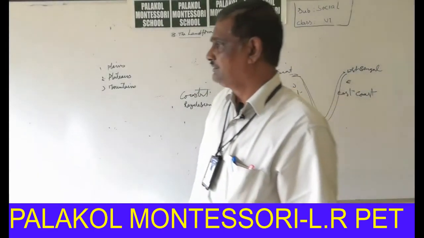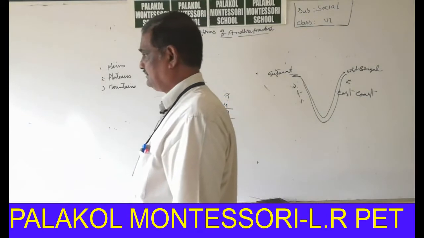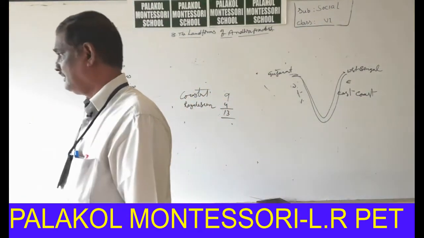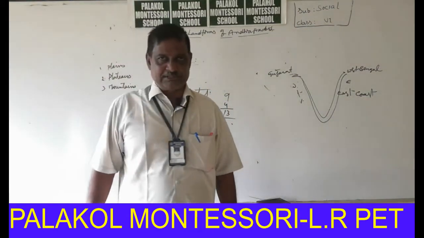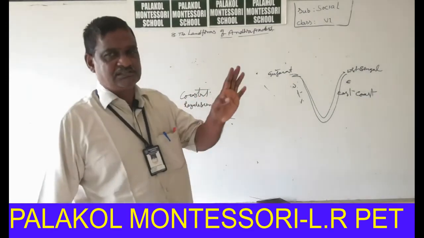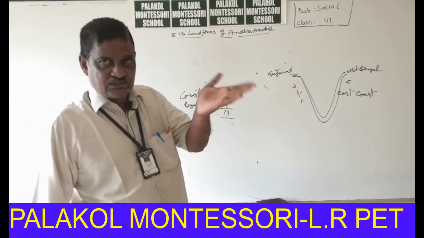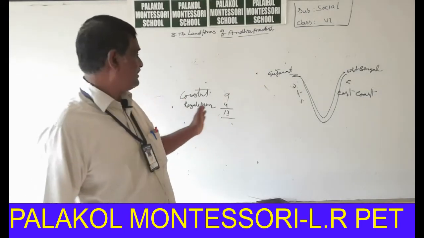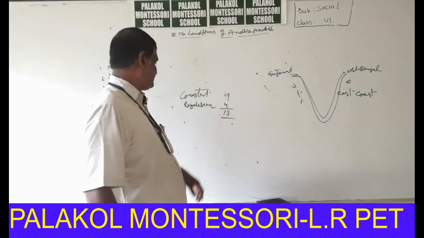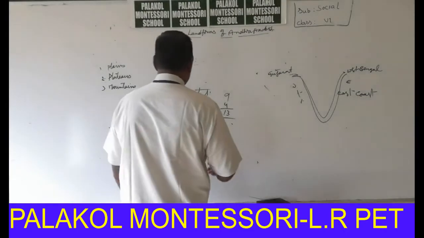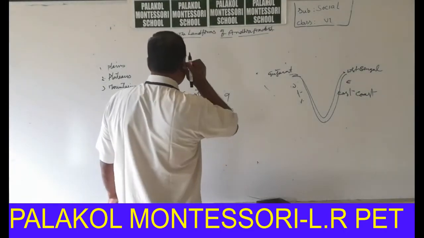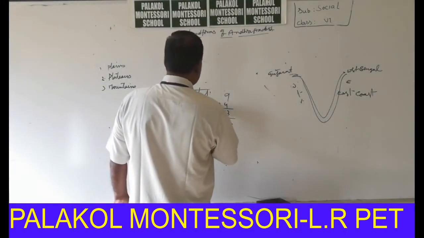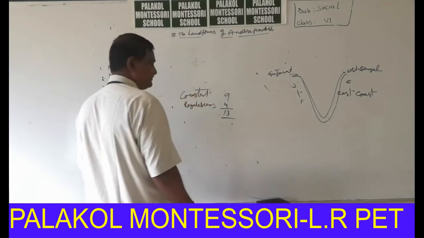So now there are 13 districts in our new Andhra Pradesh, with Amaravati as its capital. The 2 regions are the coastal Andhra region and the Rayalaseema region. So these are the 13 districts.